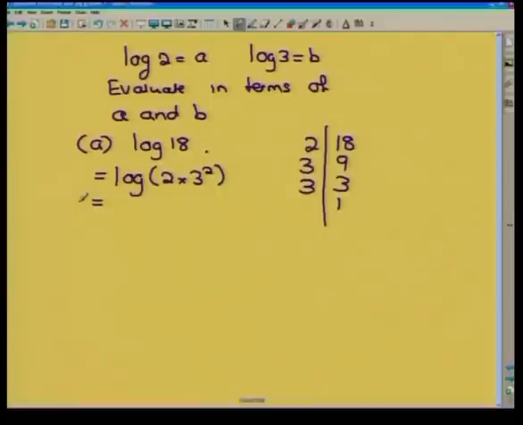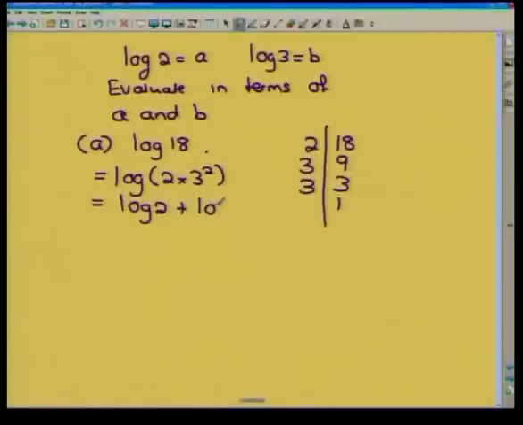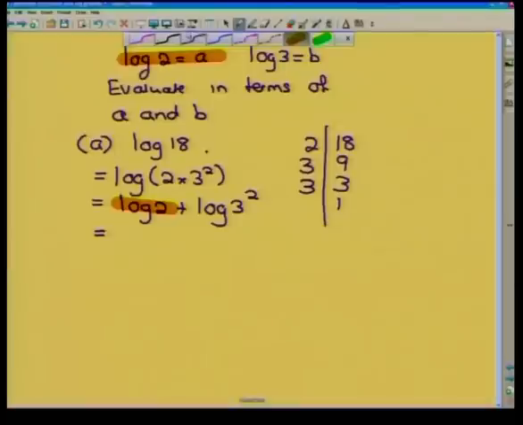Right, now, what do we know about multiplication? We know that in logs that means addition. So we can go along and we can go log 2 plus log of 3 squared. And of course, in terms of logs, now we've got no problem with this one because we know over here that the log of 2 is replaceable with a. So we can go a plus.